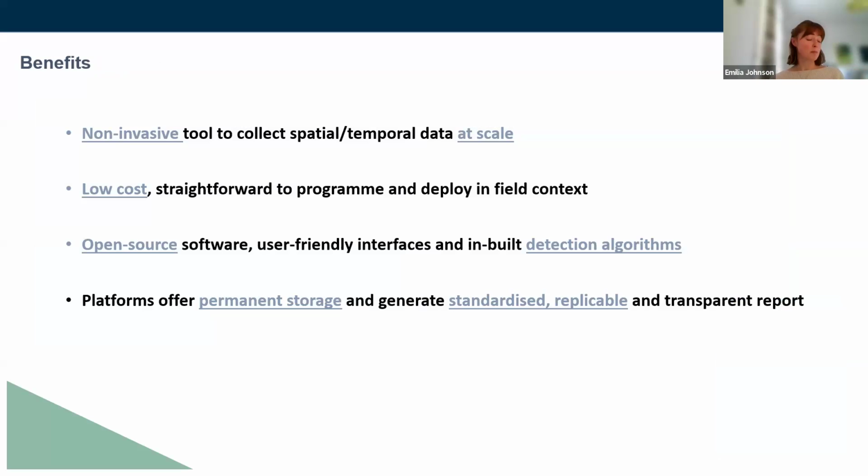Mainly, it has the potential to complement existing methods. So detailed data to complement existing intensive data and addressing logistical and conceptual shortcomings.